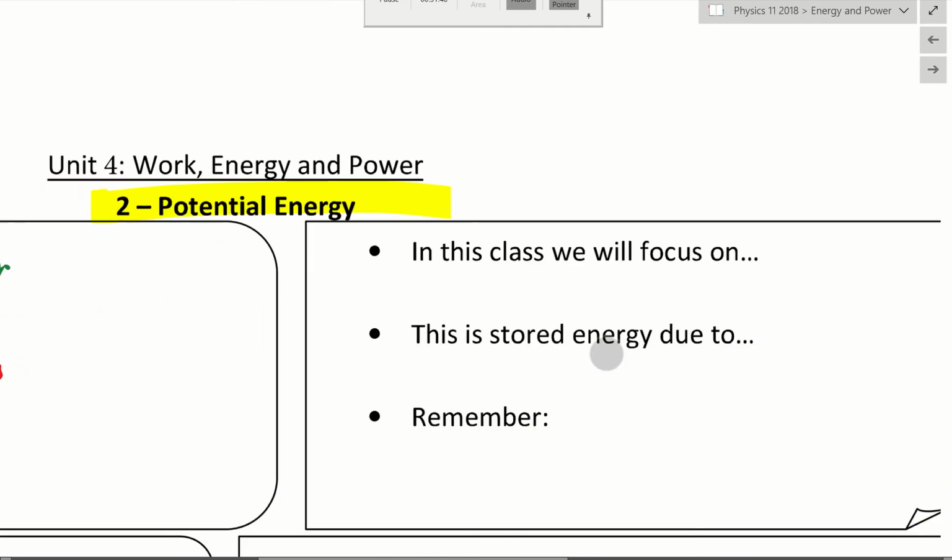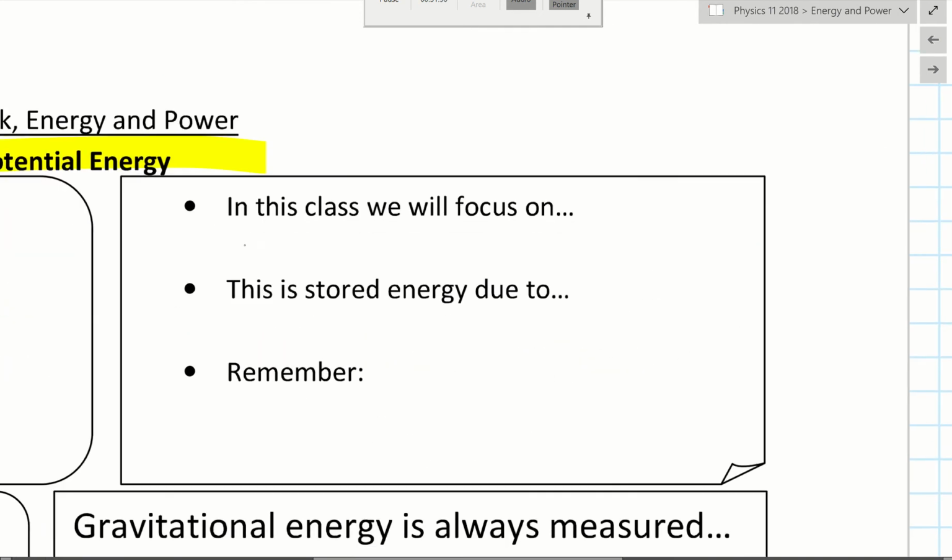But in this class, we'll focus on one specific type, which is called gravitational potential energy. That's the one we are going to focus on, which is the equation that you saw earlier on the last page.